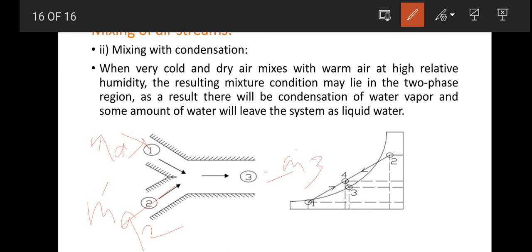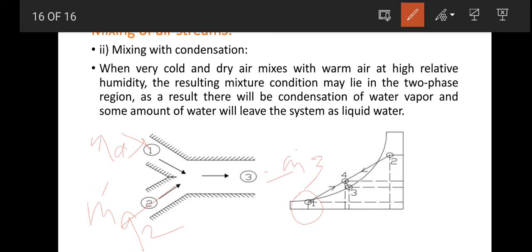When these two streams are mixed with each other, suppose the first air stream has a relative humidity of about 80 to 90%, and the second stream has somewhat less.